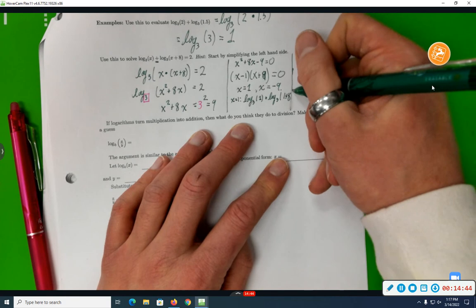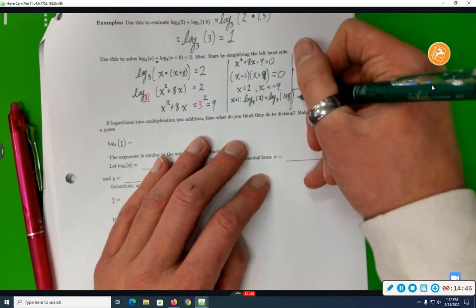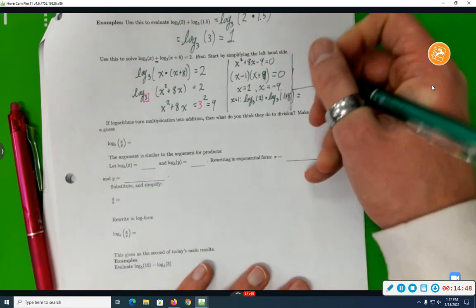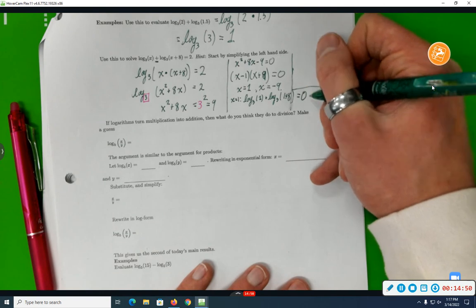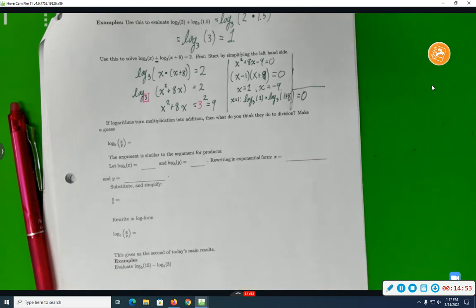What's the log base 3 of 1? 0. Log base anything of 1 is 0. What's the log base 3 of 1 plus 8? So I guess walk it out from the inside out. 1 plus 8 is 9. Is 9 a power of 3? Cool. So that's log base 3 of 3 to the power 2. What is that equal to?